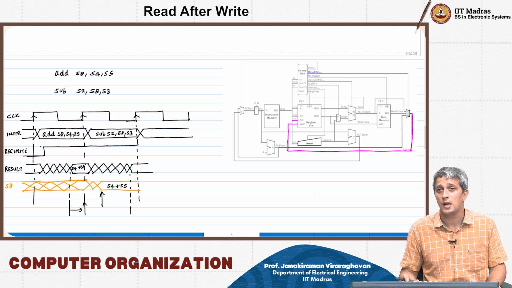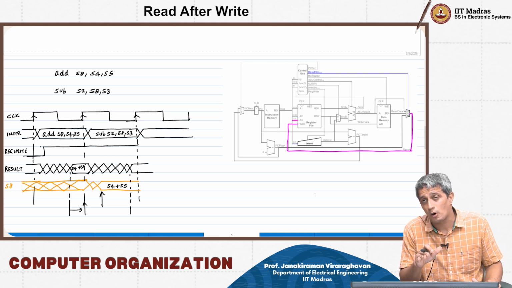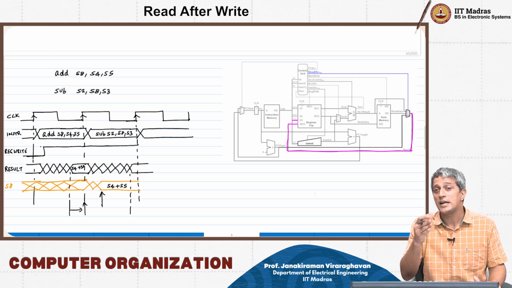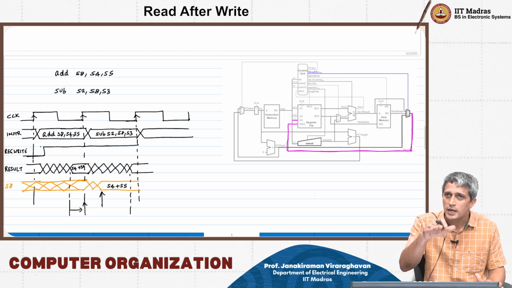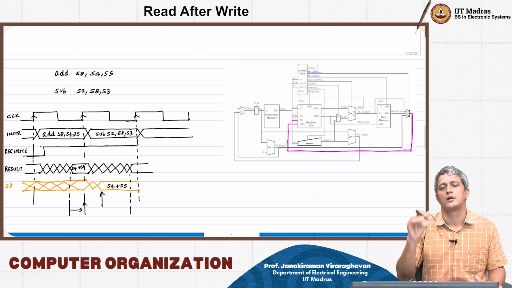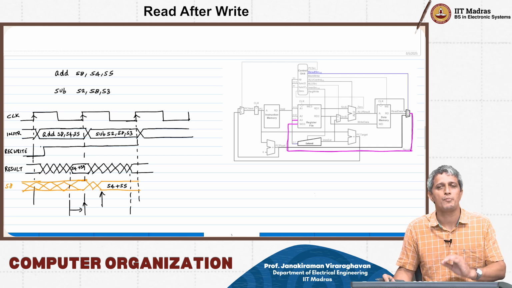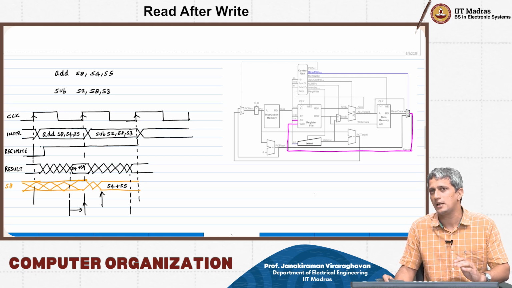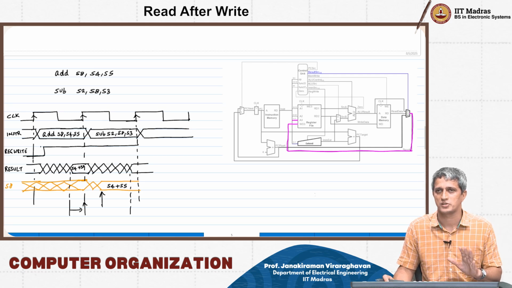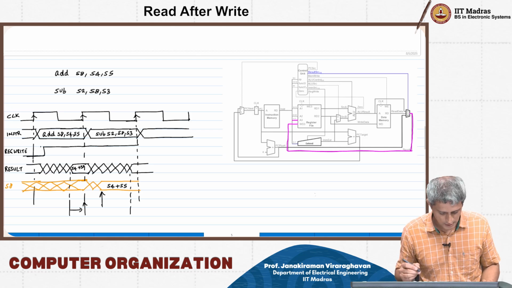That is the reason we never saw this problem of read immediately after write in the single cycle processor that we implemented, and this is very particular only to the multi-cycle and the pipelined processor execution.